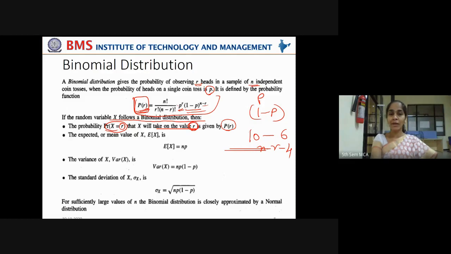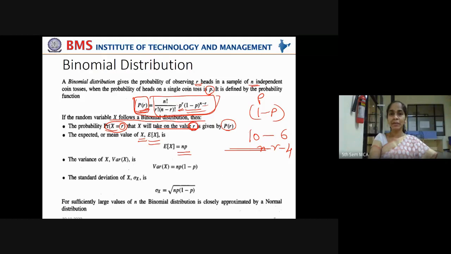Got it? So that probability of the number of heads that can be seen in n coin tosses is represented by this formula. Now the expected or mean value of x. X is a random variable, right? Because you are expecting some random outcome. Whether it is head or tail, you are not sure of. That is why the expected or mean value of this random variable x, which can be denoted by E of x, that is mean of x, can be represented as n into p.